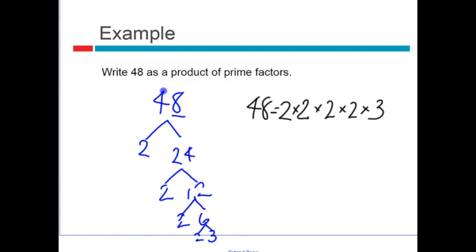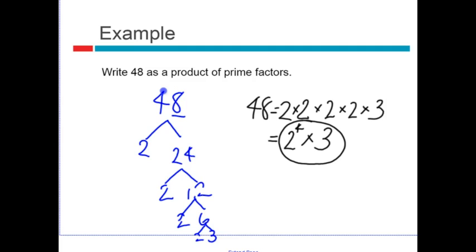Now, what you may be asked to do is write this in exponent form. We have 4 factors of 2, so we can write that as 2 raised to the 4th power times 3. And that's another way to write 48 as a product of prime factors.